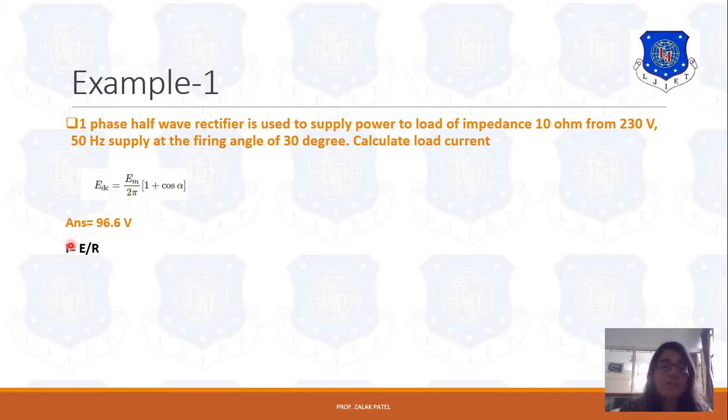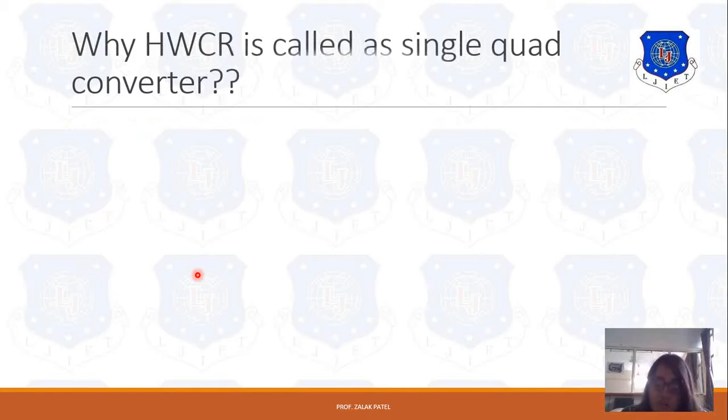So we simply put the values of E and R in this equation: 96.6 divided by 10, which gives 9.66 ampere. This is the answer of this example. In the same way, it can also be asked to find the RMS value or form factor, so you just apply the equation and put the values.